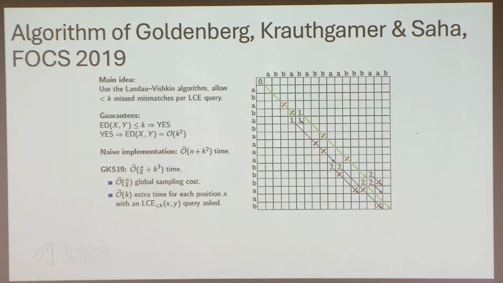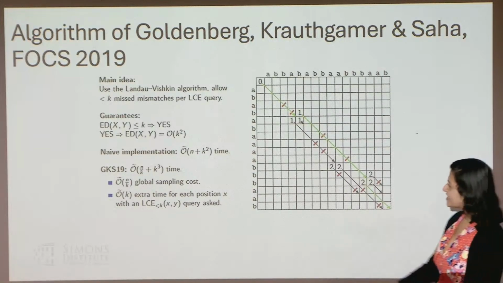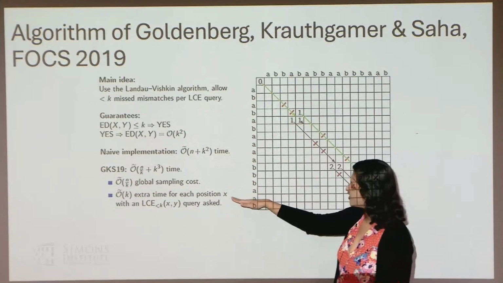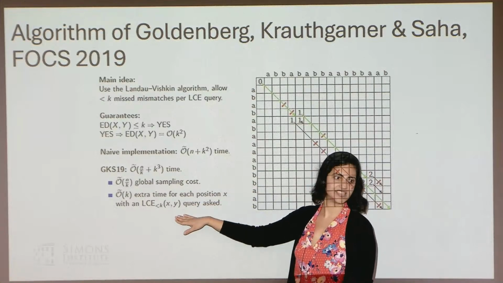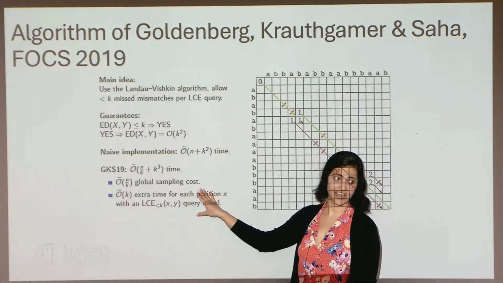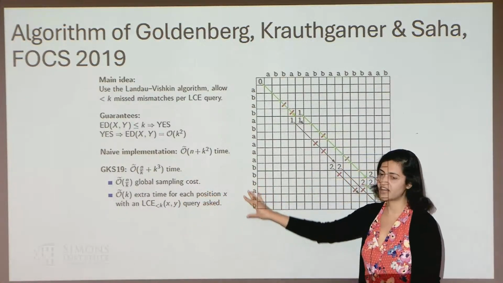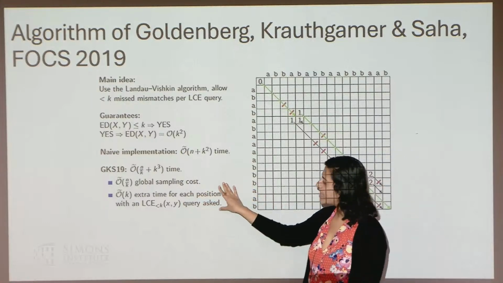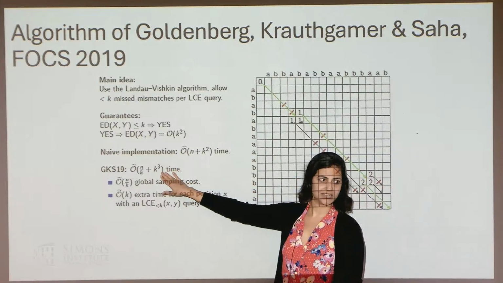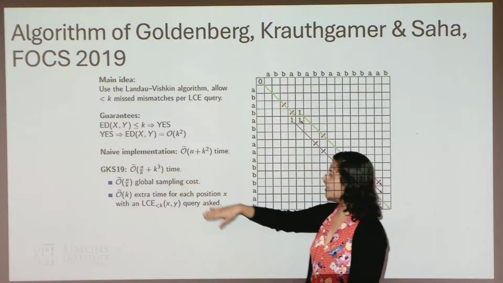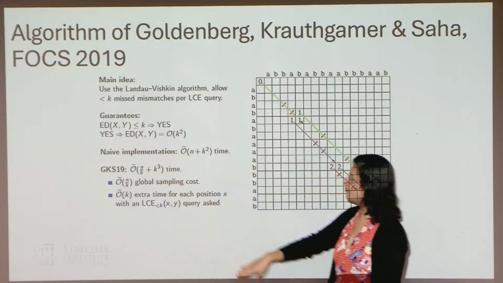That will give you a query complexity of order k cubed. This local sampling obviously depends on the position where I'm trying to compute the LCE query. It's very much adaptive. That's where the adaptivity comes in, and that's also where you get this polynomial dependency on k. So this is n over k plus k cubed.